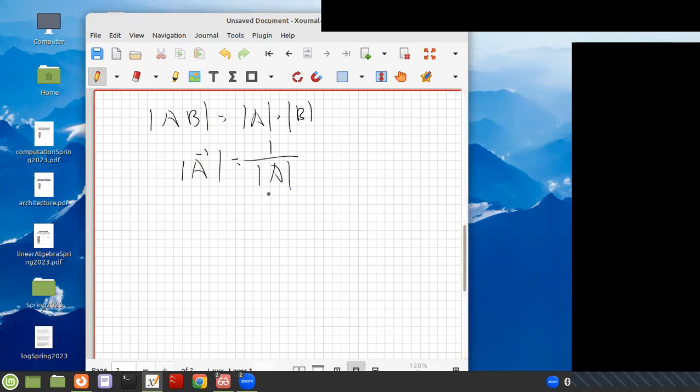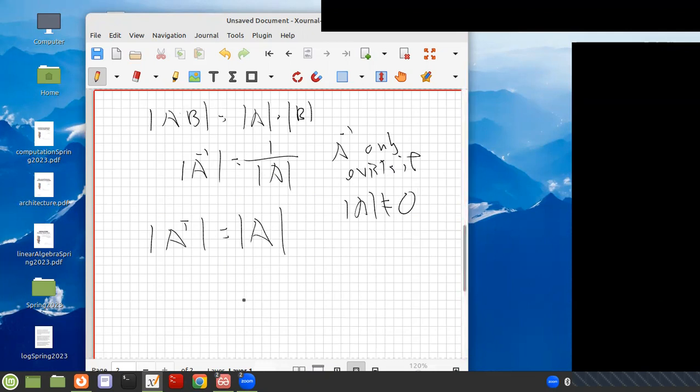This is related to the fact that the inverse only exists if det(A) is not equal to 0, because otherwise you couldn't divide by 0.